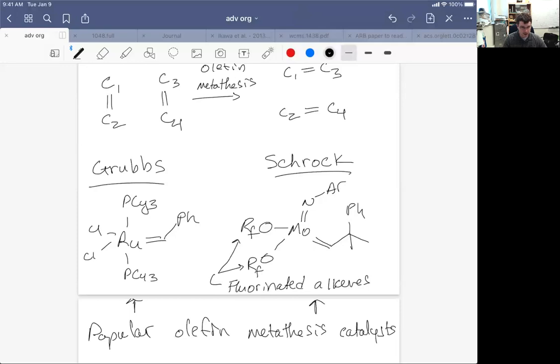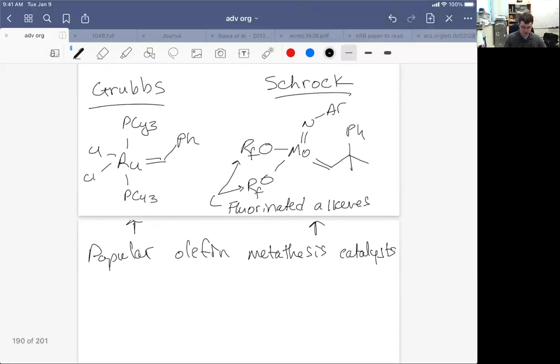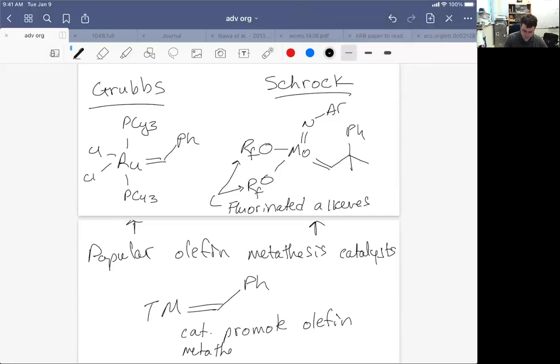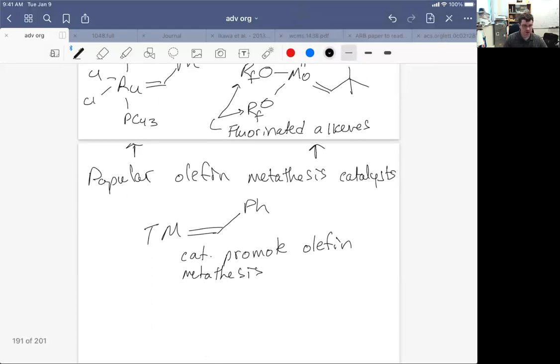What I like to think of these as is a metal, a transition metal, with our molybdenum and our ruthenium, that's double bonded to a carbon atom that has an aromatic ring like phenyl versus something else. And this is just our catalyst to promote olefin metathesis. Catalysts are highly powerful, and so you can see why this relates to our unit. We're talking about metathesis reactions, and we're using transition metals.